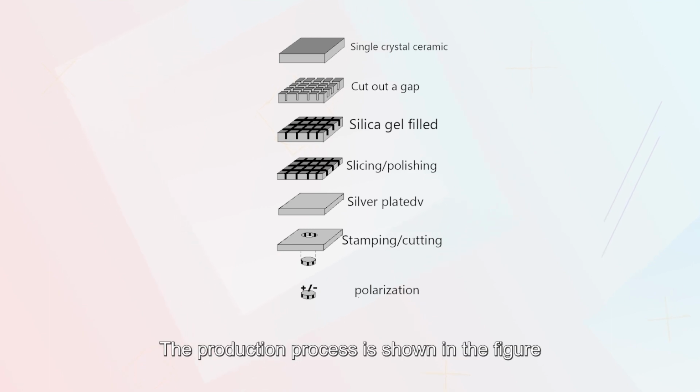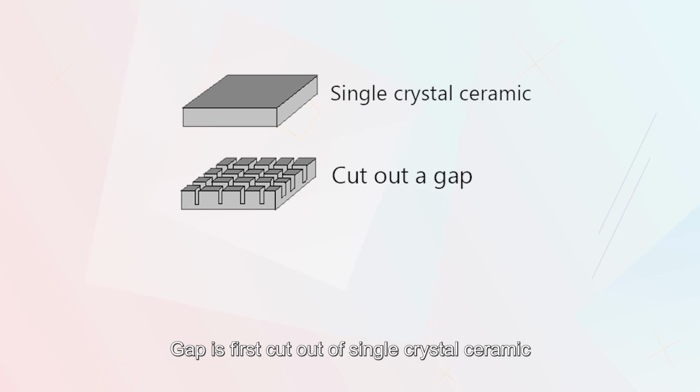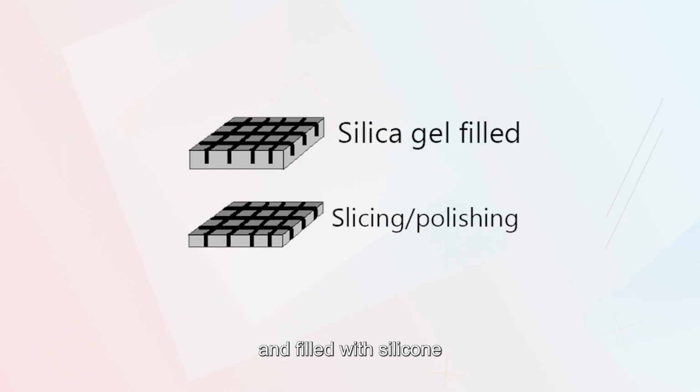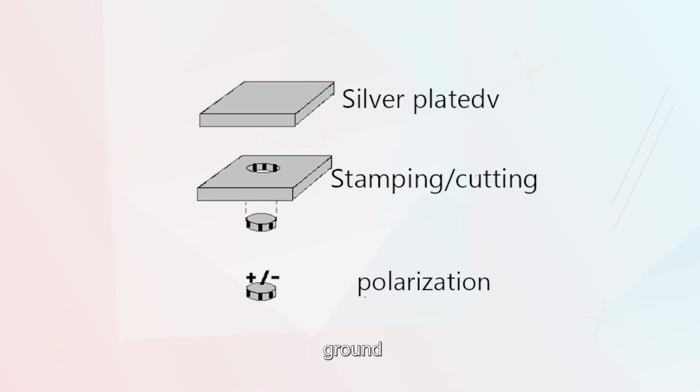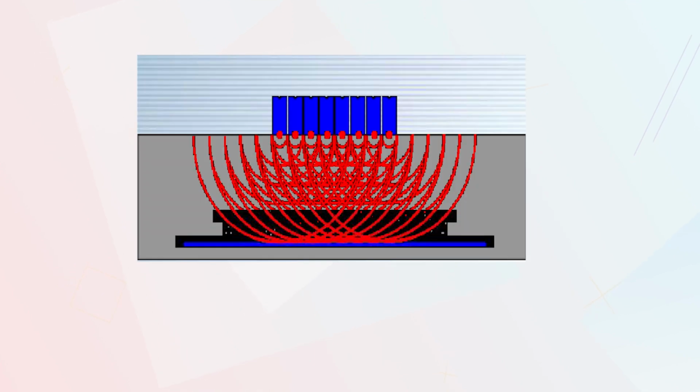The production process is shown in the figure. Gaps are first cut out of single crystal ceramic and filled with silicon, then sliced, ground, silvered, stamped, polarized. A TOFD probe is produced.